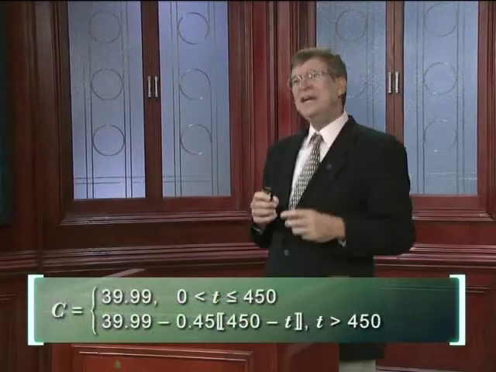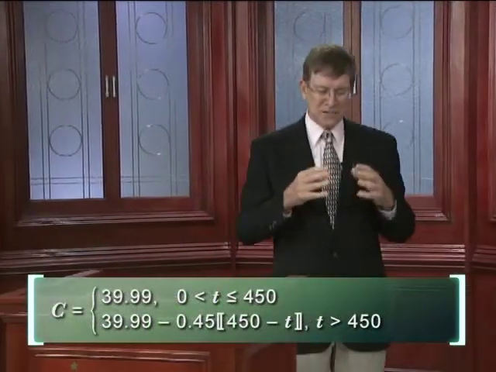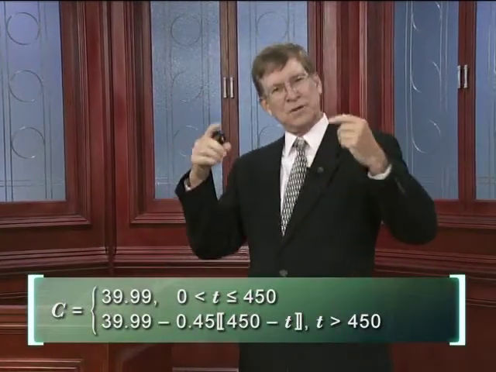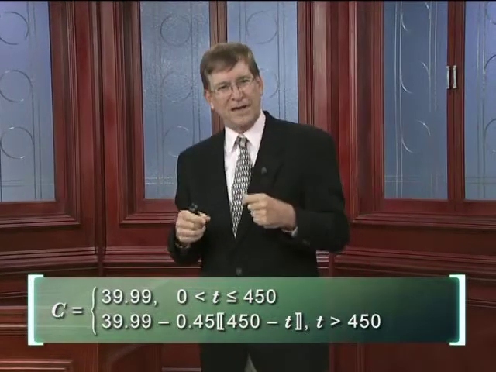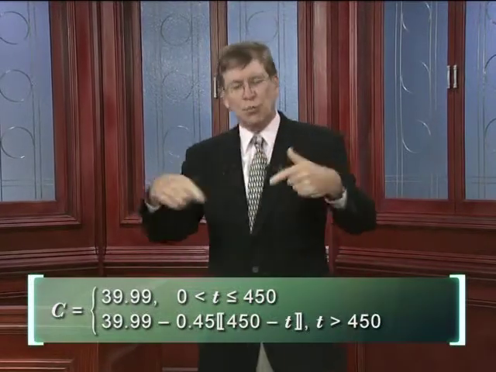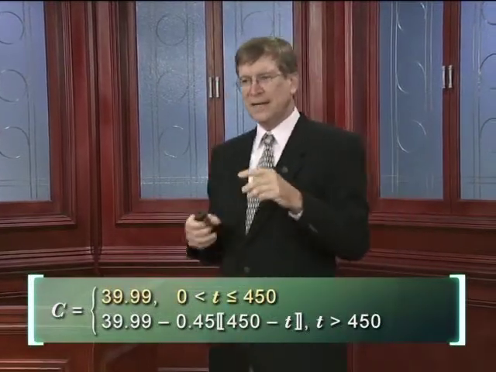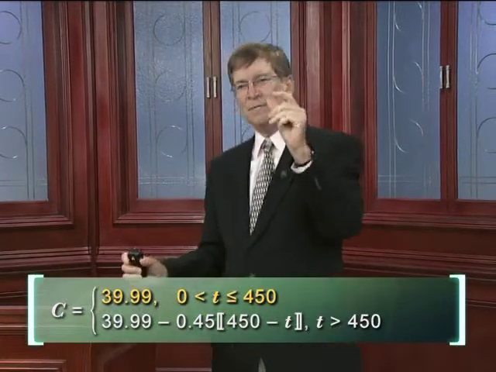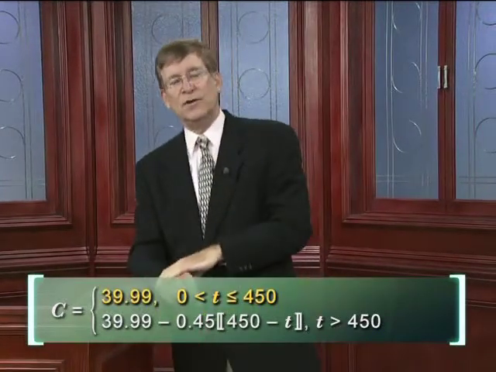Well, here's a model of that cell phone plan. It's a complicated model, and there are other ways of writing it, but here's one way. You can see how difficult applied math can be, but here's a model you could feed into your computer if you work for that cell phone company, and then you would roll out all the charges. It's 39.99 for usage up to 450 minutes.